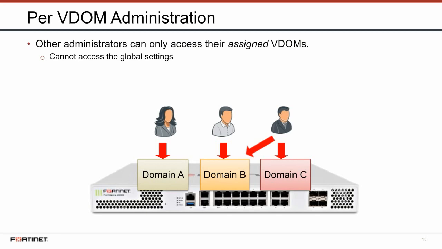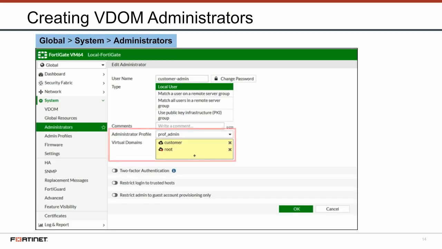You can subdivide permissions using access profiles in order to follow best practices for segregation of duties. The converse is also possible. If required, you can assign an administrator to multiple VDOMs. To create new administrator accounts and assign them to a VDOM, click Global, System, Administrators.